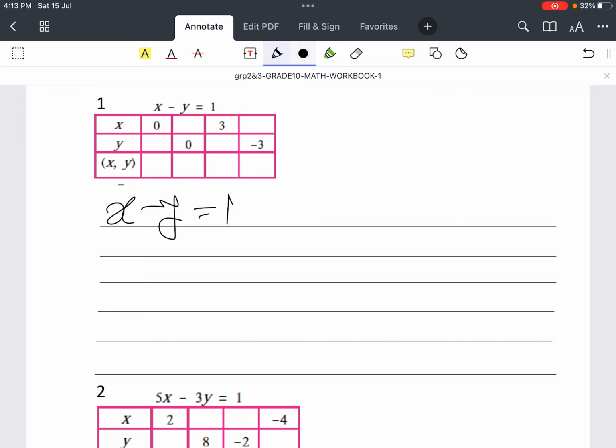So here x is equal to 0, so therefore put x is equal to 0.